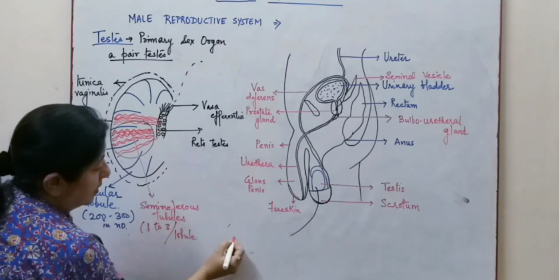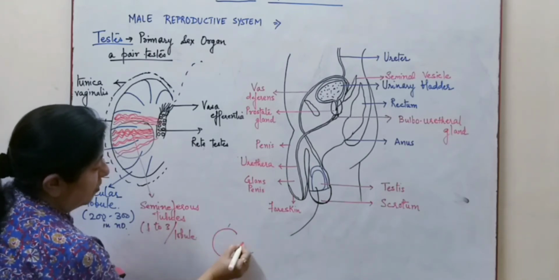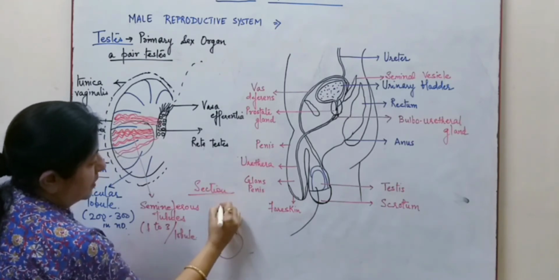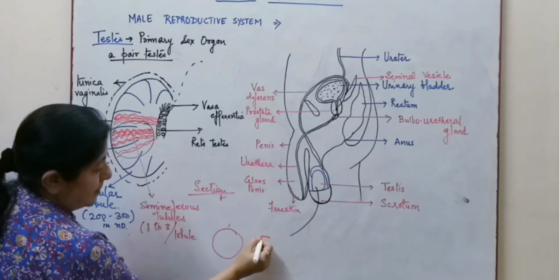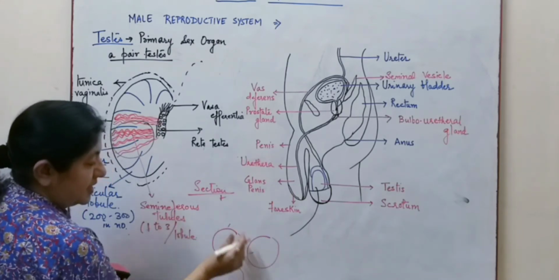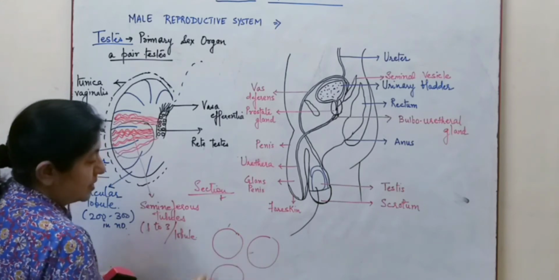Now here we can see, if we draw a section of the testis and cut it, we see these circular structures.